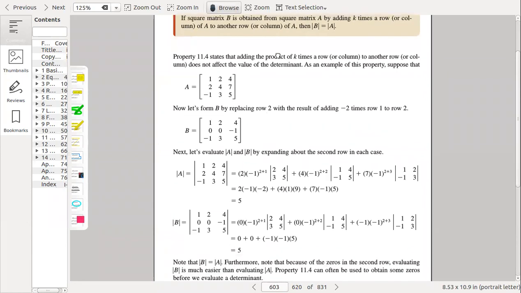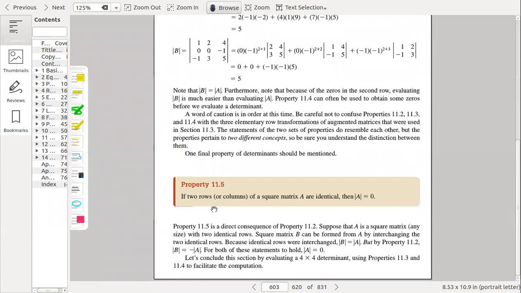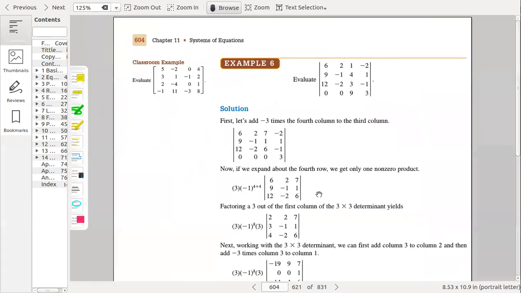And the fifth property is, if two rows or columns of a square matrix A are identical, then the determinant is 0. So it means if two rows or two columns are the same or equal, or every entry of the first column is equal to the second column, or the first row equals the second row, then its determinant will be 0.